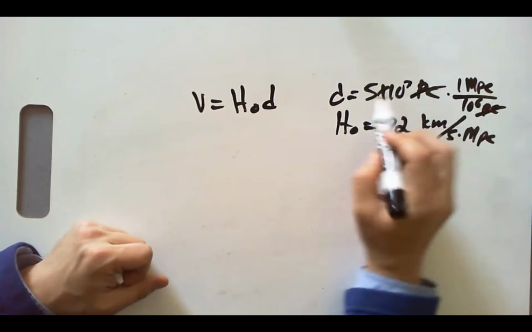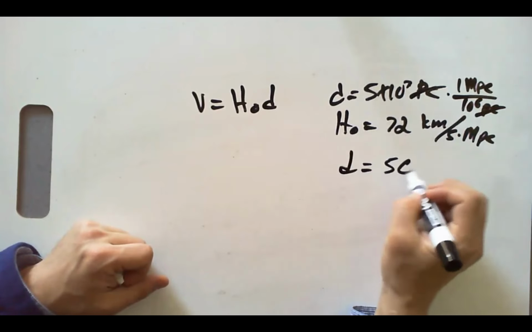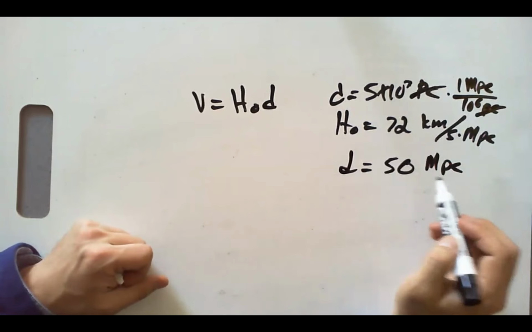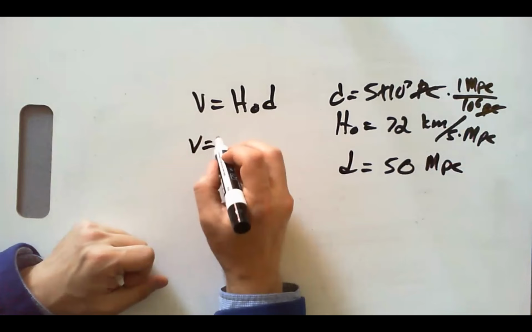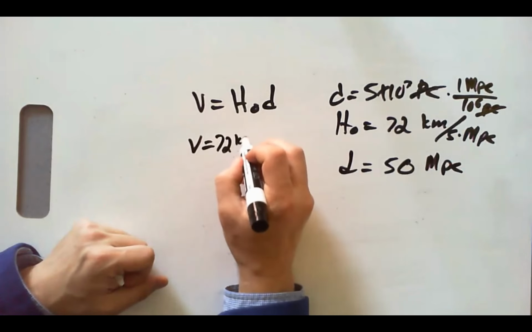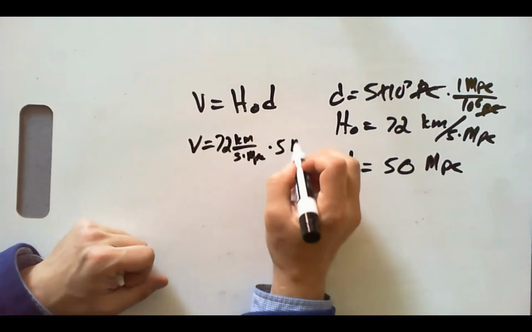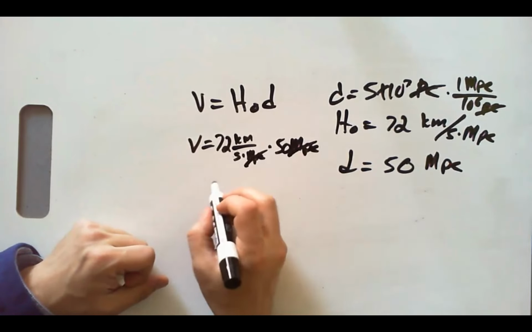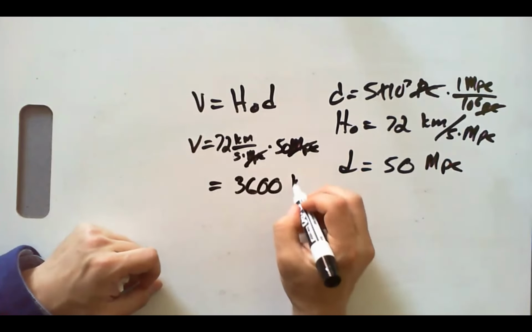Parsecs go away. 5 times 10 to the 7 divided by 10 to the 6 is 5 times 10 to the 1, which is 50 megaparsecs. So V is equal to 72 kilometers per second per megaparsec times 50 megaparsecs. The megaparsecs go away, and this comes out to be about 3,600 kilometers per second.